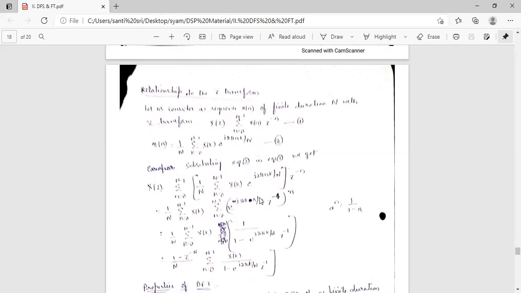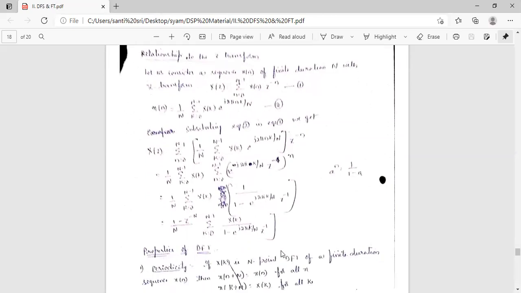Okay, with the 2 pi k by n, this is minus, and the z power minus 1 whole power n. Okay, it is in the form of alpha power n. Sigma n equal to 0 to n minus 1 alpha power n is equal to 1 by 1 minus alpha, or alpha power n, it is 1 by 1 minus e, right? So this is 1 by 1 minus e power j 2 pi k by n into z power minus 1, right?